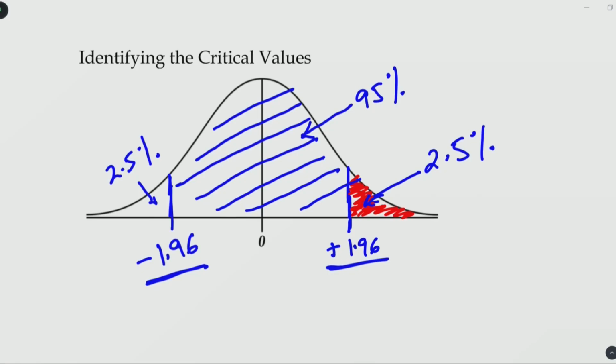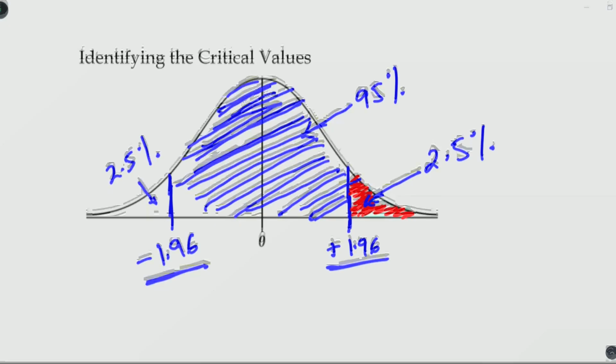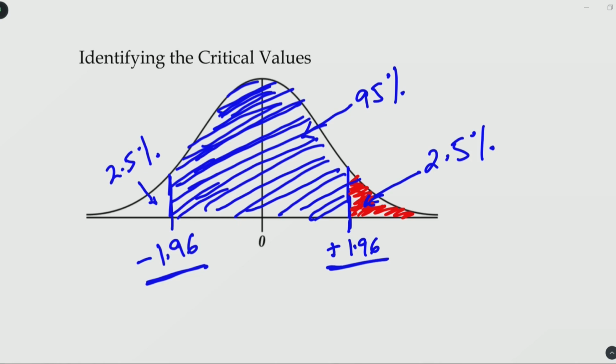If anything falls in this blue region, you will not be able to reject the null hypothesis. You will have to accept it. But if anything falls in this red marked region, which is 2.5% on either side, then you are going to reject the null hypothesis.